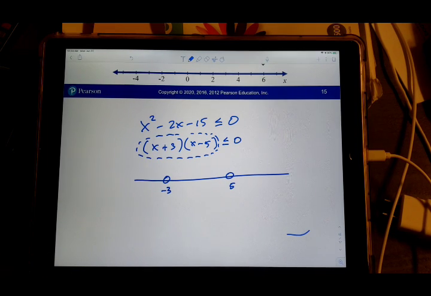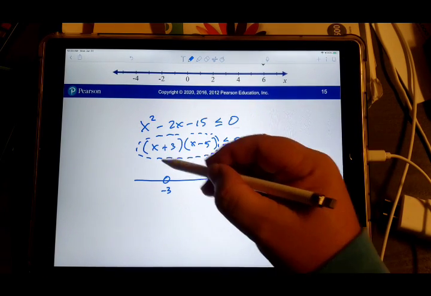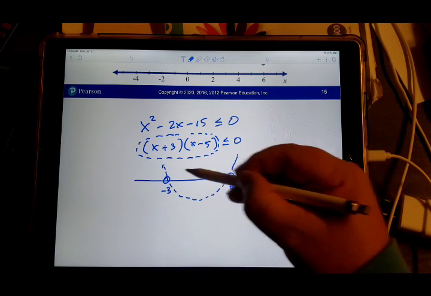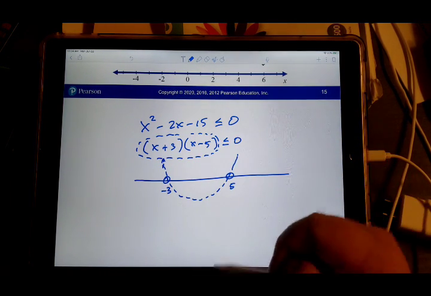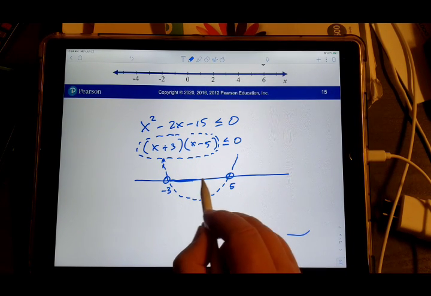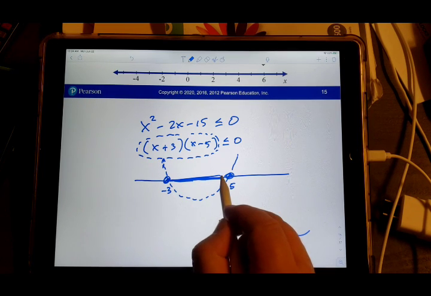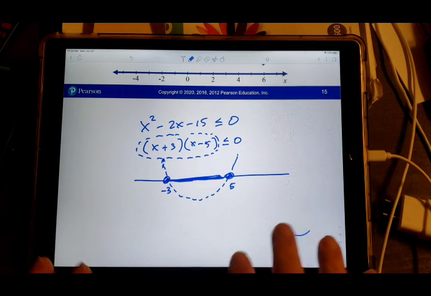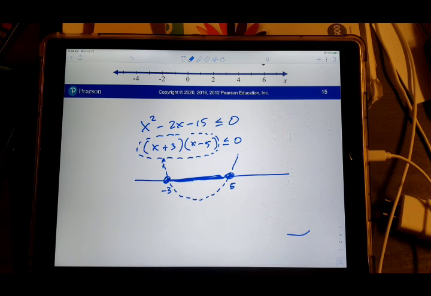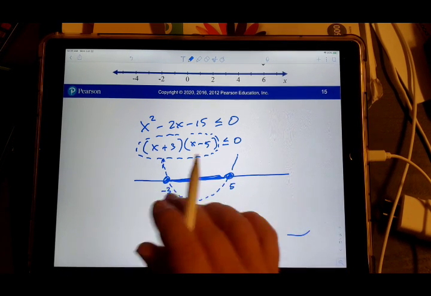Now, you could tell yourself this does look like a parabola, concave up, so it's less than 0 between the points, and it's equal to 0 here and here. Hopefully you see what I'm doing. I'm not doing any more analysis than I need to know for sure when it's equal to 0 and when it's negative.